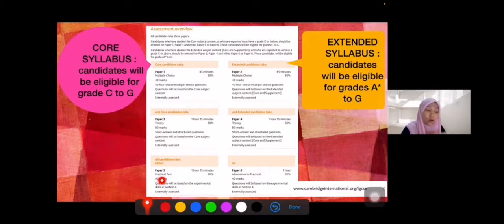So Mara ought to ambil paper 6, dan paper 6 ni pun sebenarnya banyak kelebihan dia as we went to a training program and the trainer said if you are able to take this paper 6 you are actually preparing yourself for A level.